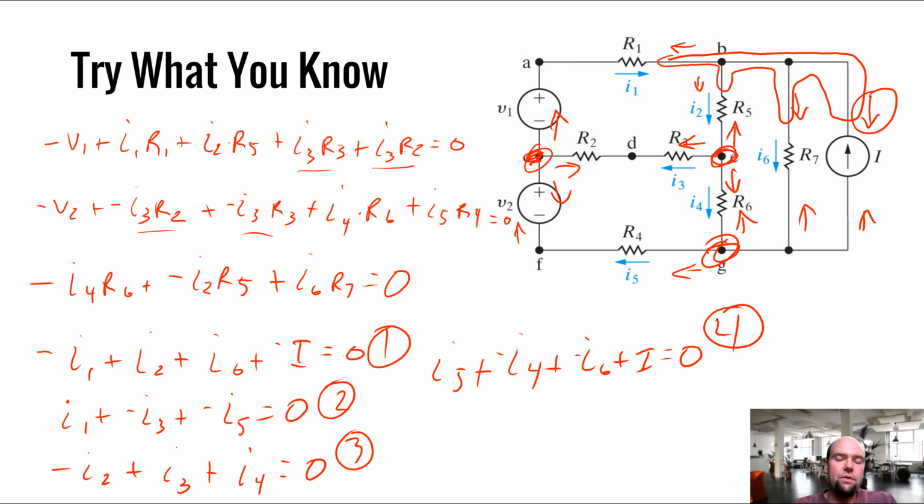How did I know that we only needed sort of these first 3? I mean, any of these 3 would have worked. How do I know that these equations are linearly independent? I'd have to do the math. I'd have to actually go through the process of checking it. If I was doing this the traditional way, I'm telling you right now that these are 7 equations, and one of these current equations is not linearly independent.